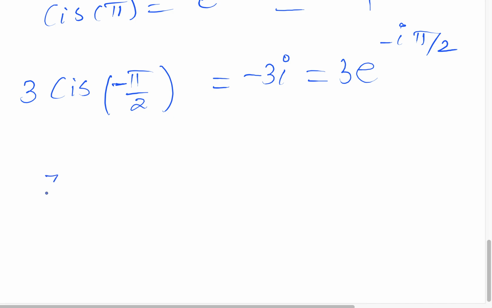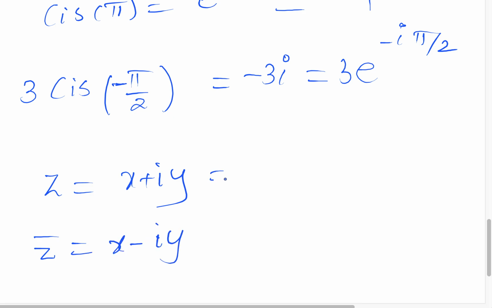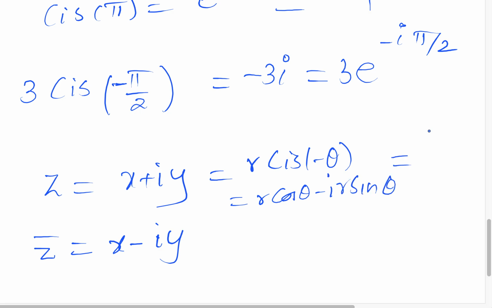Now the conjugate, also important to know. The conjugate of x plus iy is x minus iy. In the polar form it is written as r cis minus theta, or r cos theta minus i r sin theta, and in the Euler's form it will be written as r e raised to minus i theta.